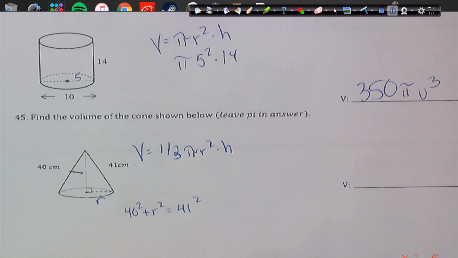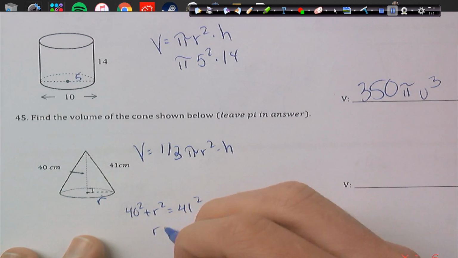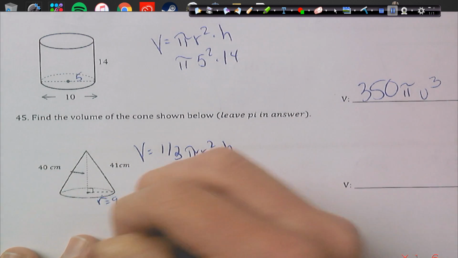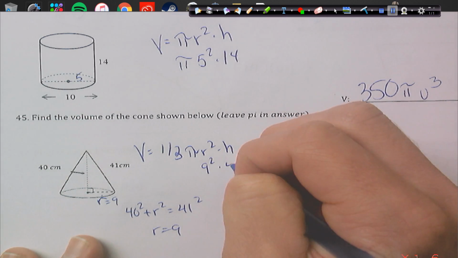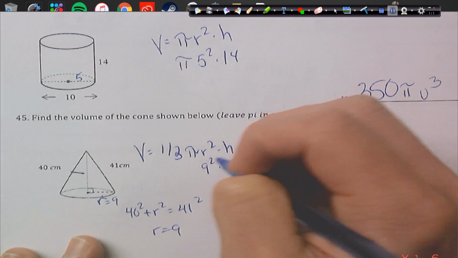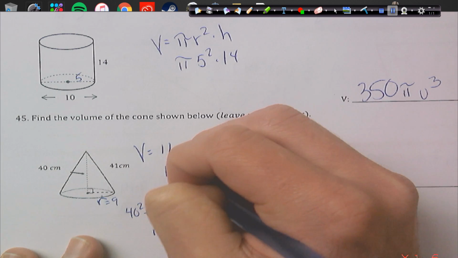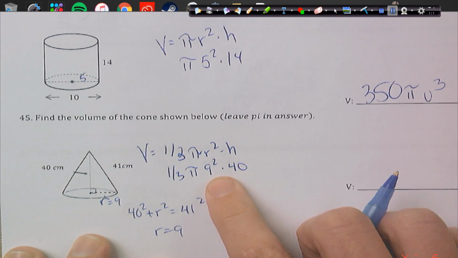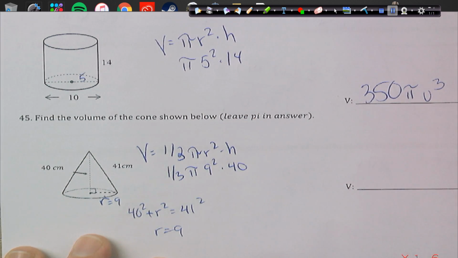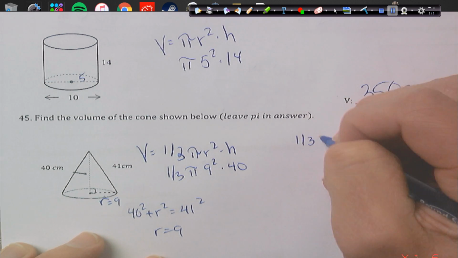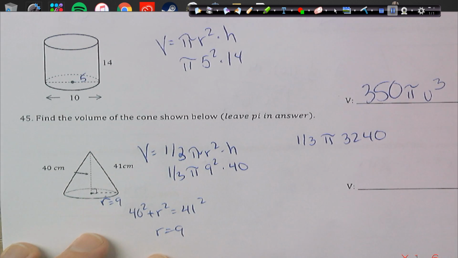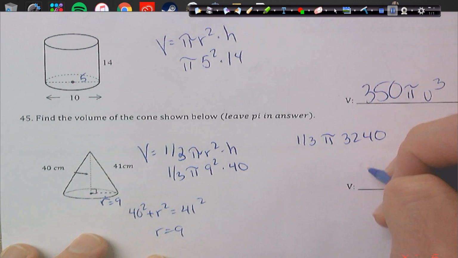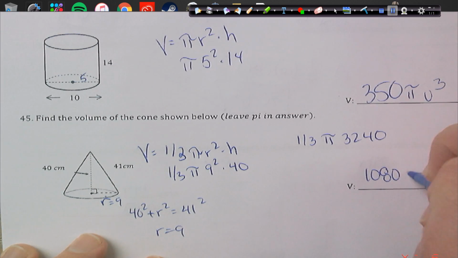And square root. So you should actually get r equals 9. So you get 9 squared times, not 41, but 40 is our actual height. Pi and 1/3. So multiply 9 squared times 40. So we get 1/3 pi 3,240. Divide that by 3, and we get 1,080 pi.